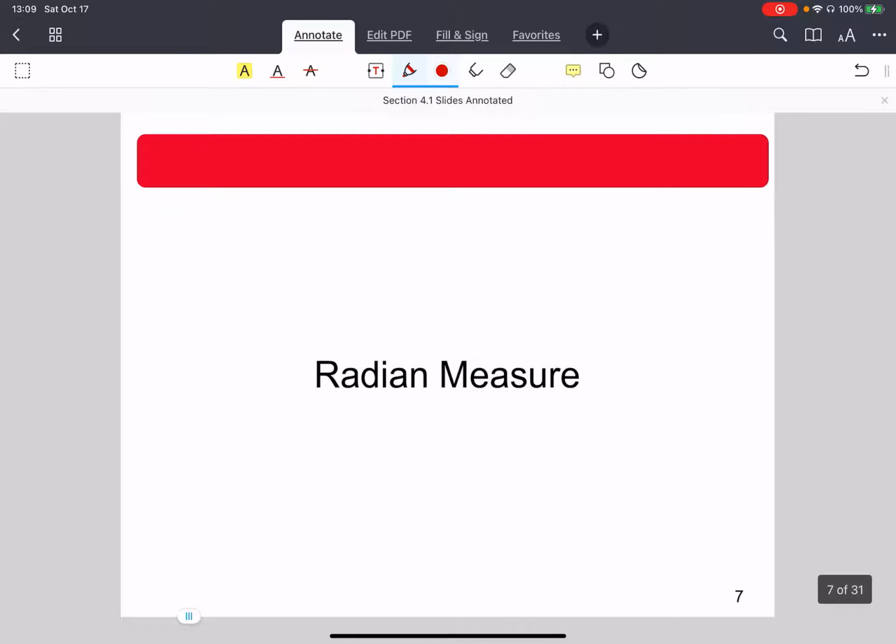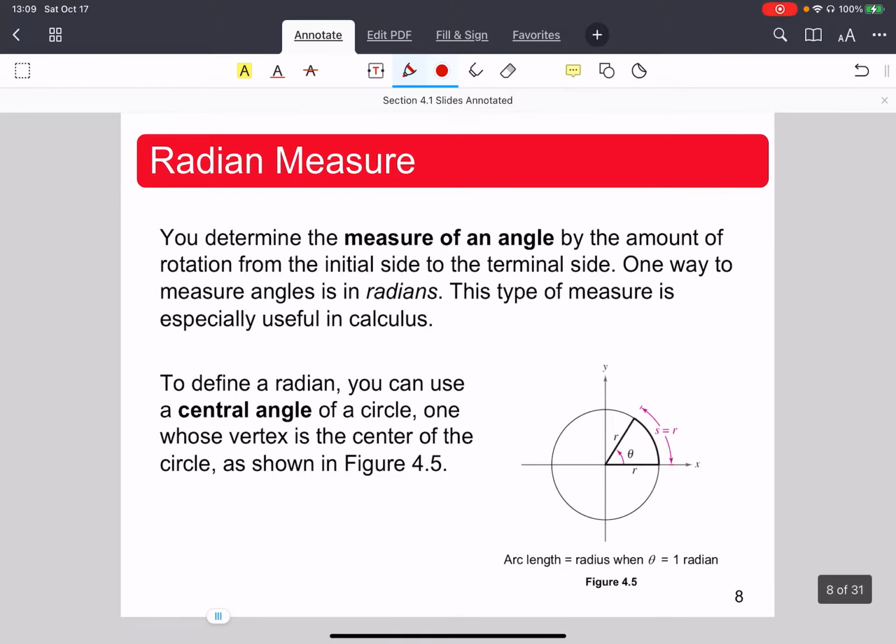All right, next we're going to talk about radian measure. Many mathematicians and other people have been thinking about how to measure angles. One way to measure an angle is using the idea of radians. To define a radian, we use a central angle of a circle, where the vertex is (0, 0), the center of the circle.